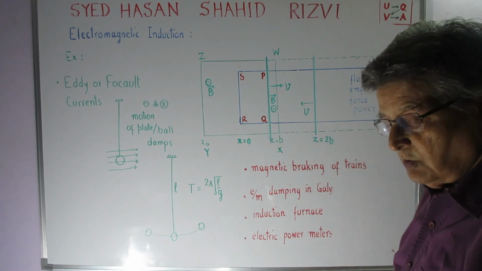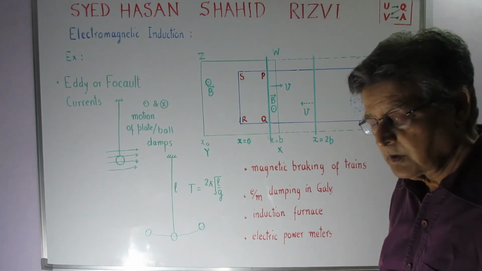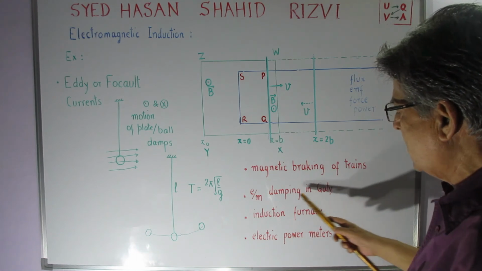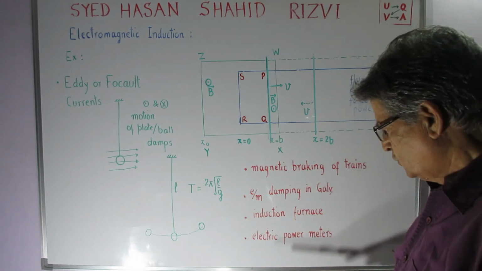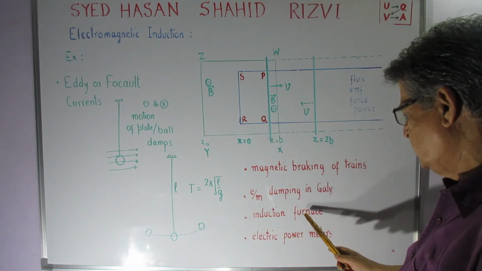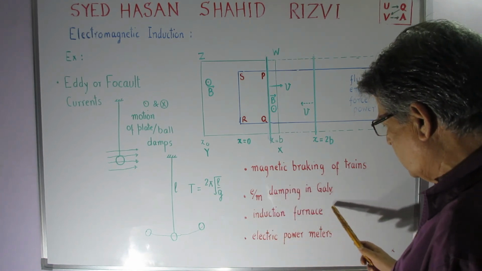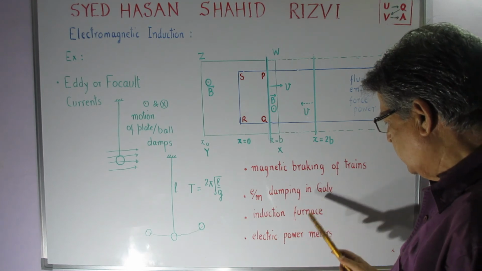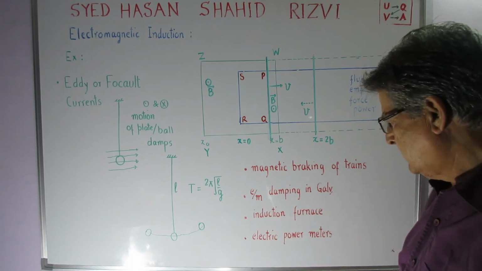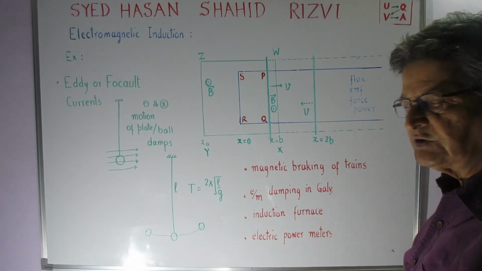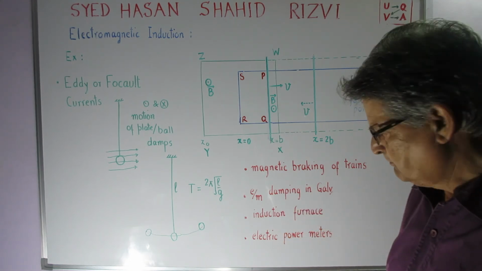And of course, when there is a current, then there is an I squared R heating. So because of this change in the magnetic flux, we introduce eddy currents which heat up the environment there, and that is how induction furnaces function.